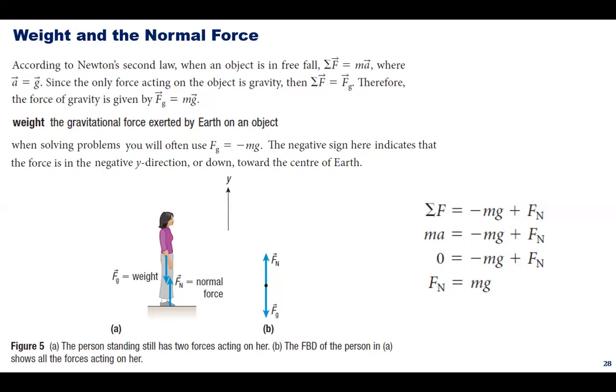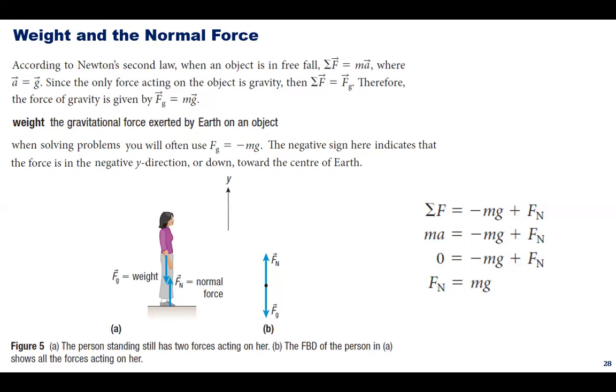As you can see here in figure 5, which is shown in bottom left, in addition to the gravitational force, another force acting on a person is the normal force exerted by the floor on her feet. The person in figure 5 is at rest with an acceleration of 0.